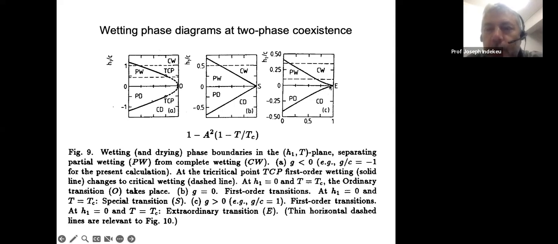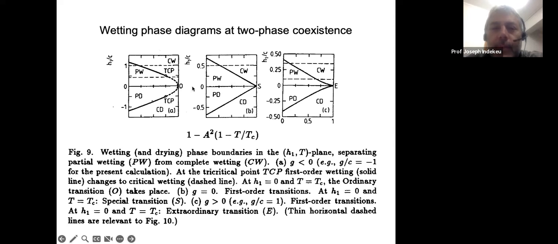It comes in tangentially here to the 0 surface field axis as we approach the bulk critical point. Respectively, the surface character under these conditions at bulk criticality is called a special transition here for the surface. And here is called the extraordinary transition for the surface.